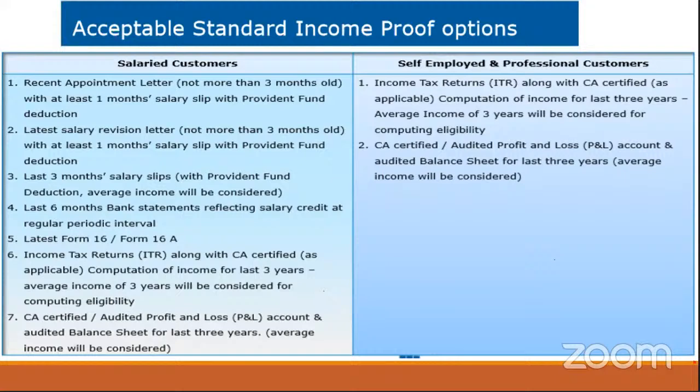And if the person has a business profile, we can ask for 3 years' ITR along with computation of income. These are the standard. If these are not available, there are certain other options also. We can check on a case to case basis.